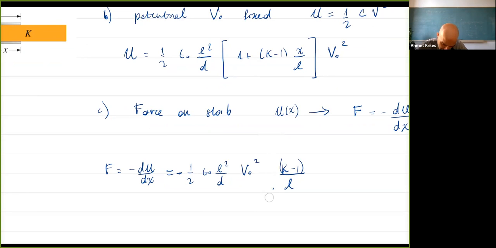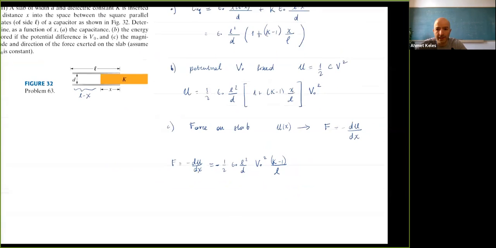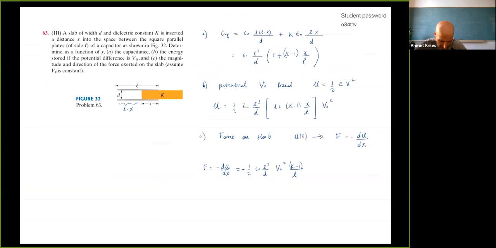Now I need to determine the sign of this thing, because the sign will determine the direction. This is the gradient along x, and if you want to find the force along y, you can do dU dy, and so on. If the sign is positive, the force points this way; if negative, the other way.